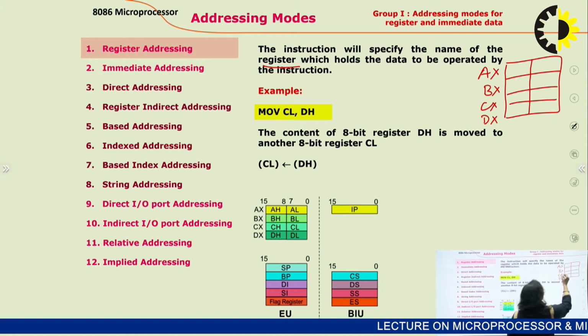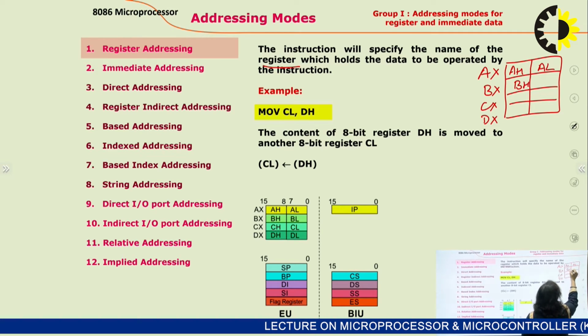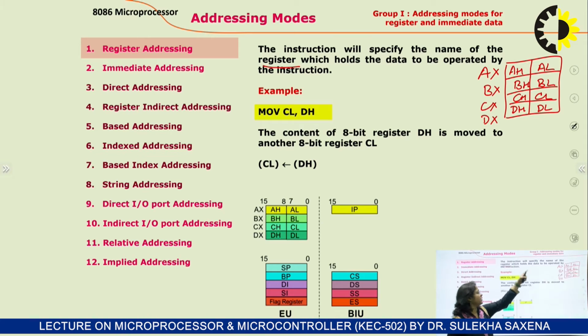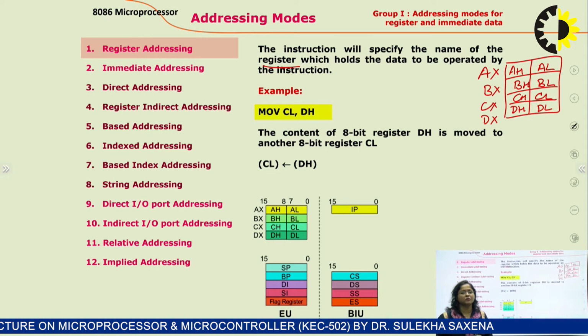If we talk about 8-bit, it is AH, AL, BH, BL, CH, CL and DH, DL. So any of these 8-bit or 16-bit registers can be used.